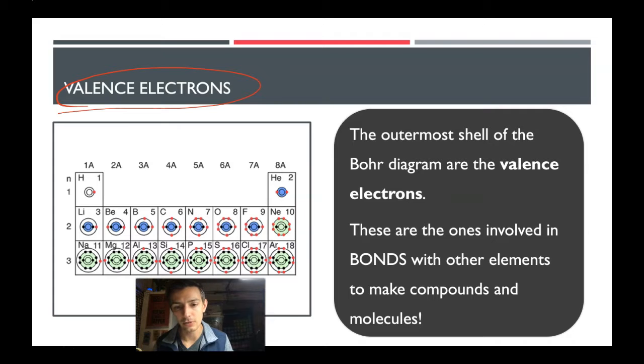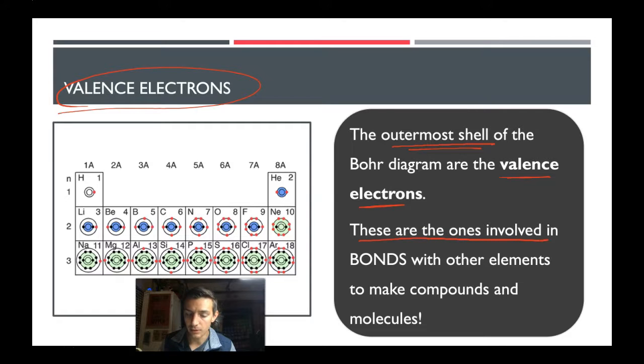And what a valence electron is, valence electrons are the electrons in the outermost shell. And we call the outermost shell the place where those valence electrons are. Okay, so that outermost shell is the place where the valence electrons reside, and that's why they're in red here. The non-valence electrons are black.